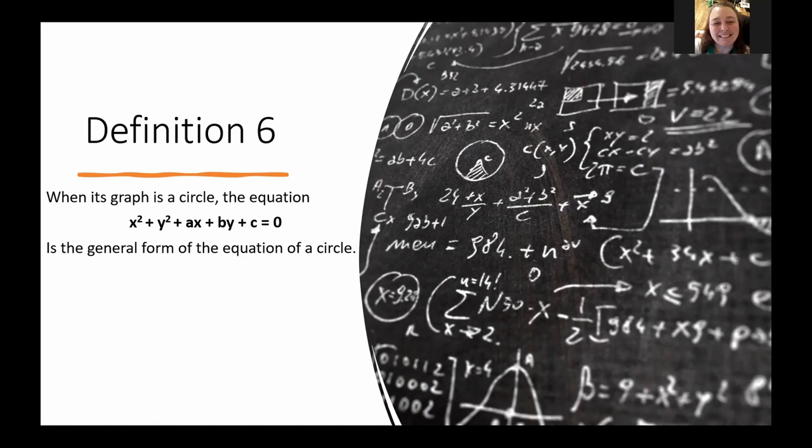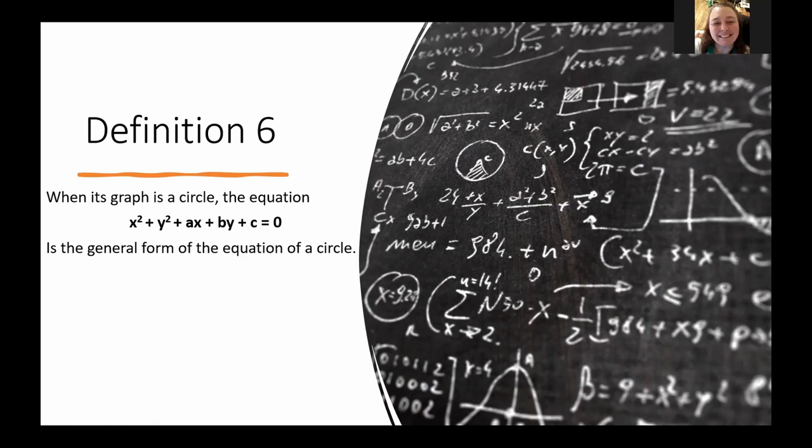But you need to recognize what those pieces are going to look like. For example, your x's and your y's are going to stay the same. Your c is going to be related to your radius squared.